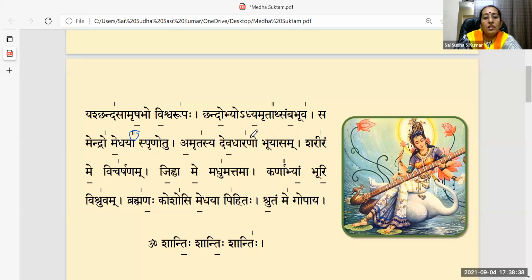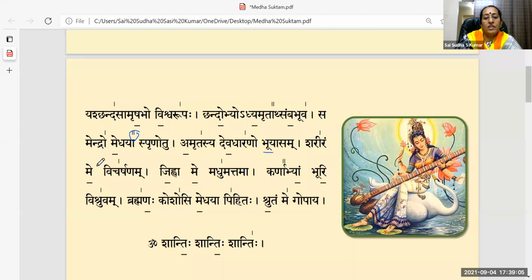Then sprunotu. Then after that, amritasya deva dharano bhuyasam. So here dharano, dha is Mahapran and bhuyasam, bhu is again Mahapran. And shariram me vicharshanam. Here again shariram, ram will be ram. It will not be any other sound because it is followed by the letter ma.